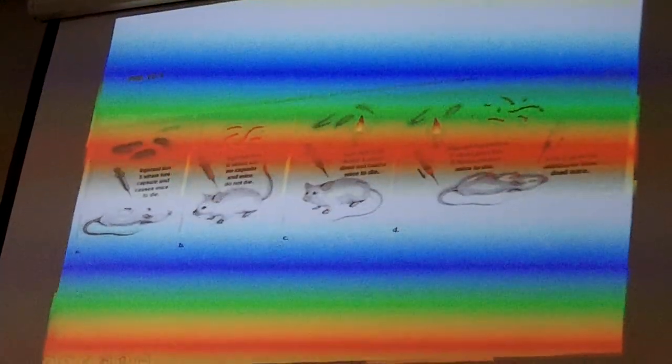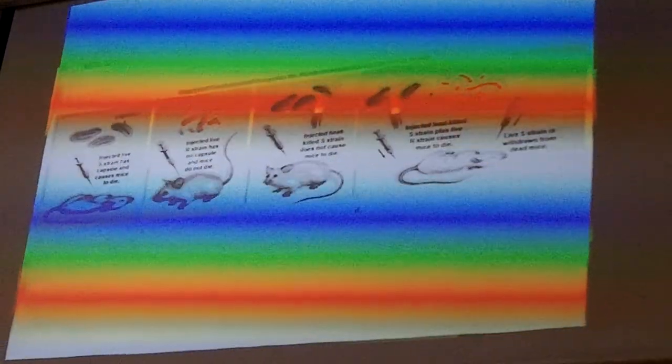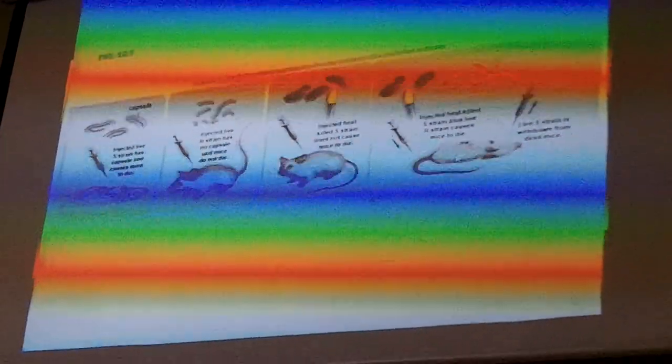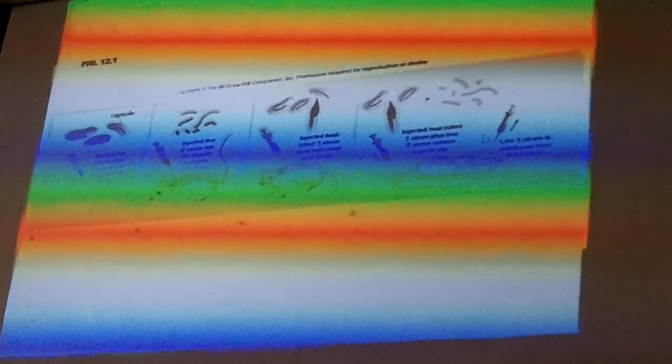Now remember, R-strain bacteria didn't kill the mouse, and heat-killed S-strain bacteria didn't kill the mouse. But if you put the two together in the mice, it dies. Furthermore, if you take a blood sample from the dead mouse, there's living S-strain bacteria in the blood sample.